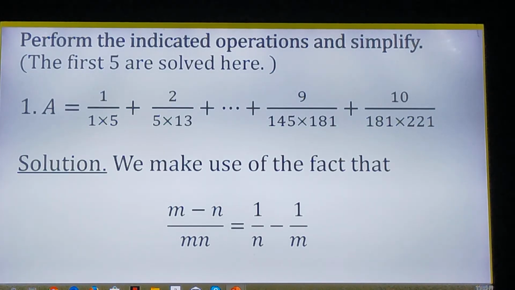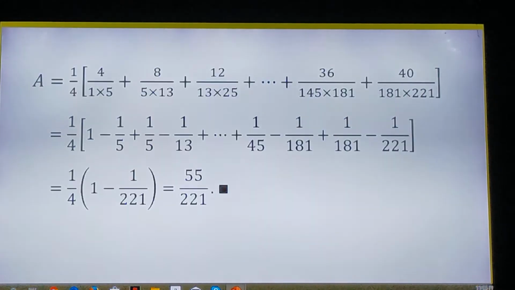So we are breaking up each of the fractions appearing in the problem. But first, we notice that the difference between the multipliers in the denominators is 4.